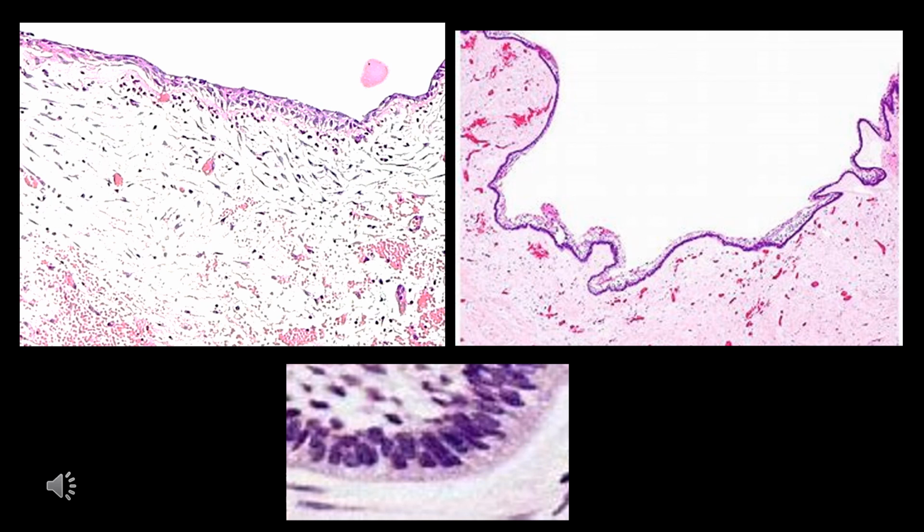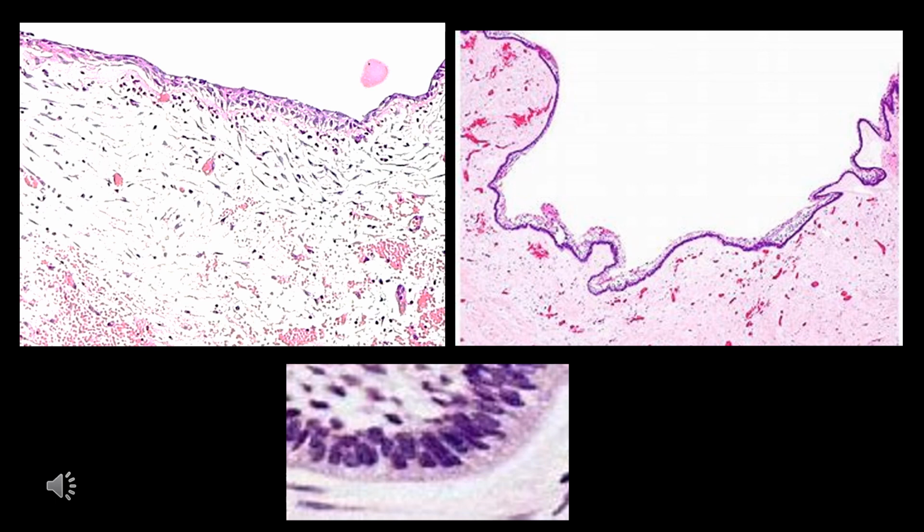For that, Vickers and Gorlin have given 4 criteria to differentiate it. Now we'll see what the criteria are. The picture below explains the Vickers and Gorlin criteria. You can see peripherally a tall columnar cell.